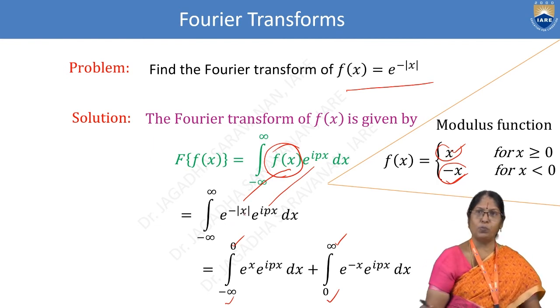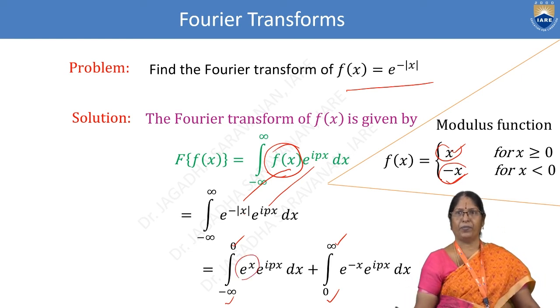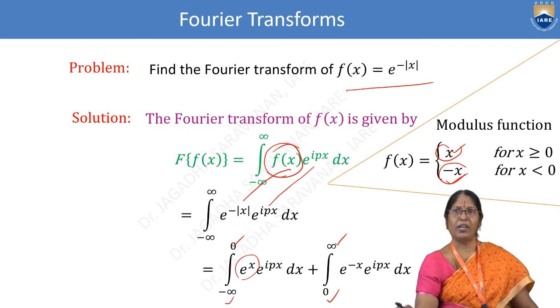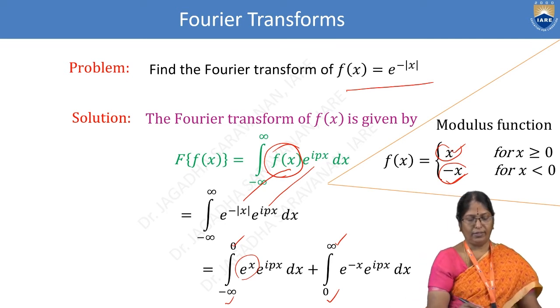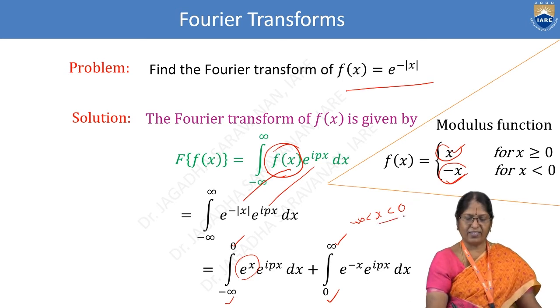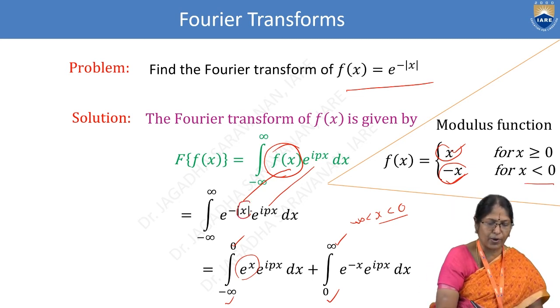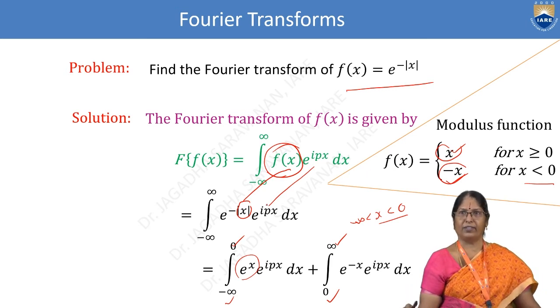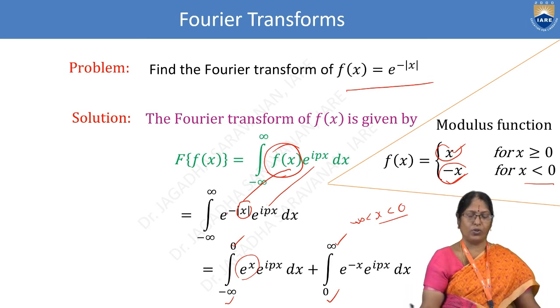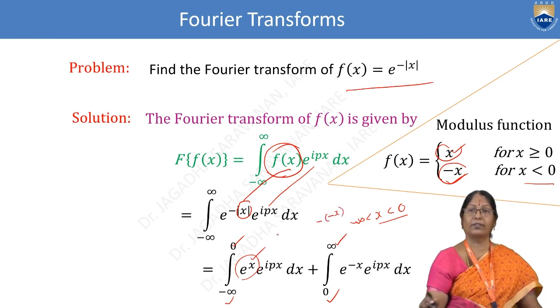Here e power minus mod x is there, but how is it written here as e power x? A genuine doubt comes to our mind. Here the meaning is x lies between minus infinity and 0, that is, x is less than 0. When x is less than 0, the function is minus x. So the mod x is playing the role of minus x. Already minus is out, so minus of minus x is nothing but plus x.